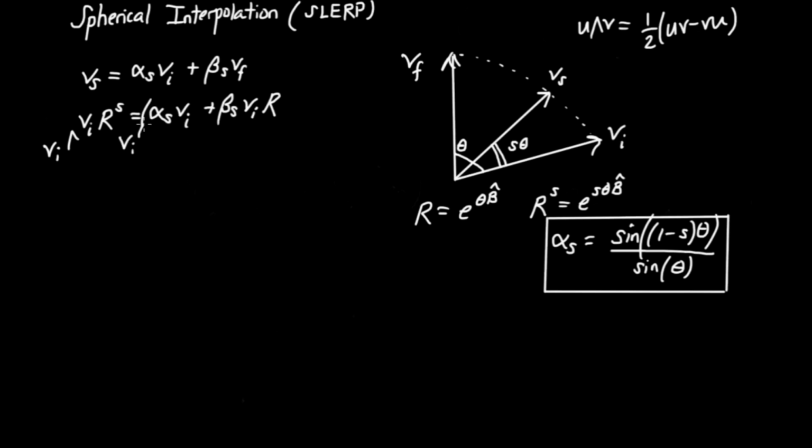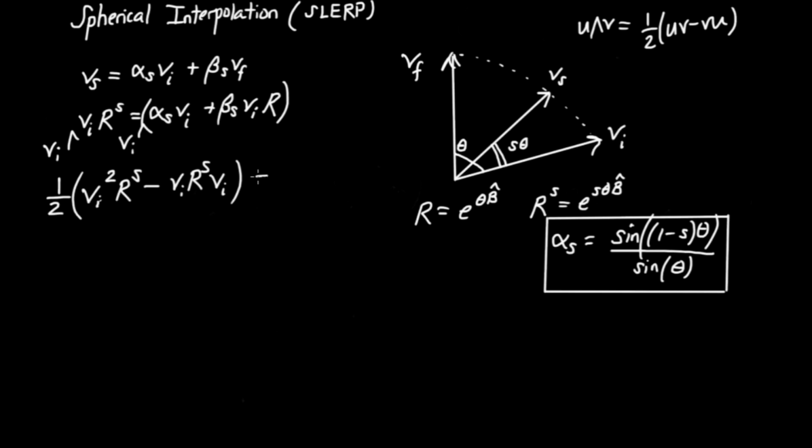So v_i wedge the left-hand side is equal to v_i wedge the right-hand side. So I have, again, using this formula, that the wedge product is equal to 1/2 uv minus vu, where u and v are the vectors that you're wedging. I have the left-hand side is equal to 1/2 v_i squared r to the s minus v_i r to the s times v_i.